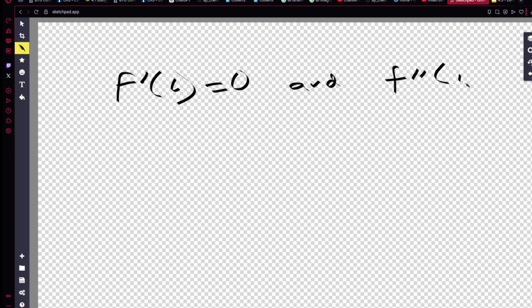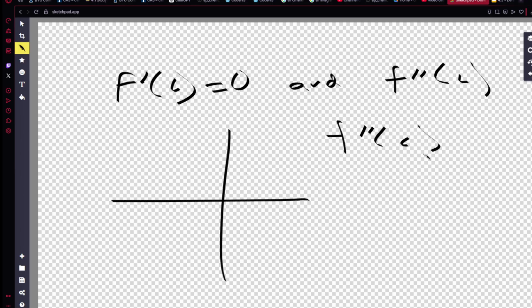That's all we're analyzing. But is it possible for a function where f prime of c is equal to 0, where to the left it never switches signage, so it just goes from positive to 0 to positive?